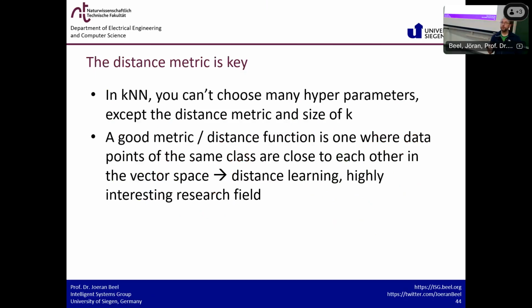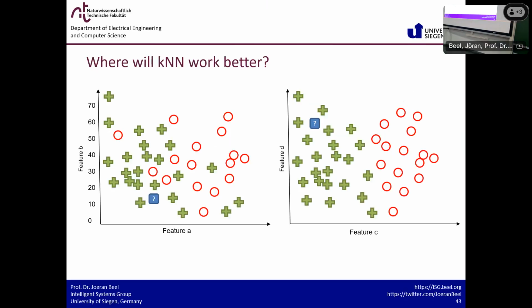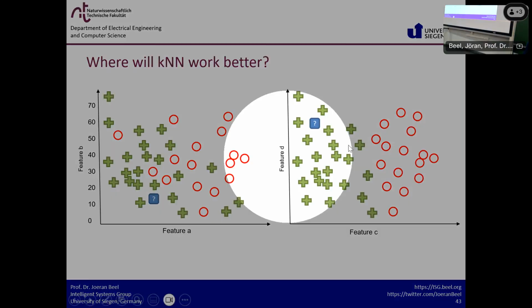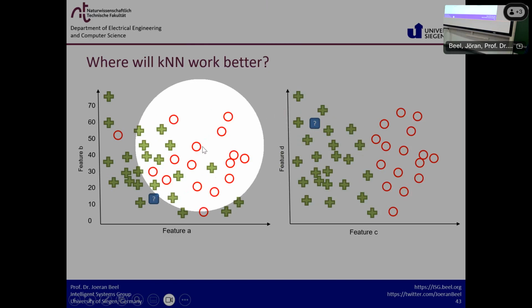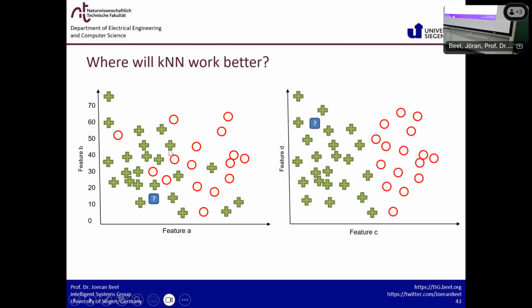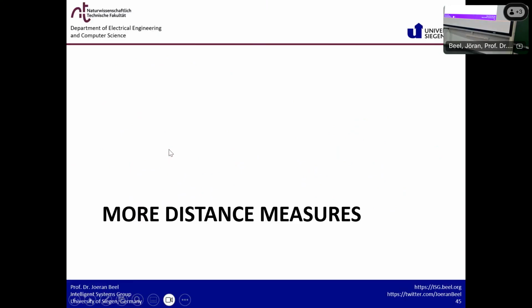But a good distance metric in kNN is one where the points in the vector space are grouped by their instances, so you could try out different distance metrics. And if one metric is giving you something like this and another distance or transformation of features is giving you something like this, that would be better.